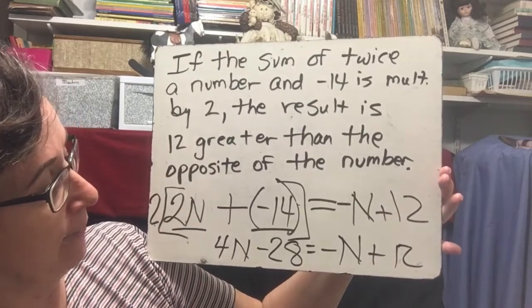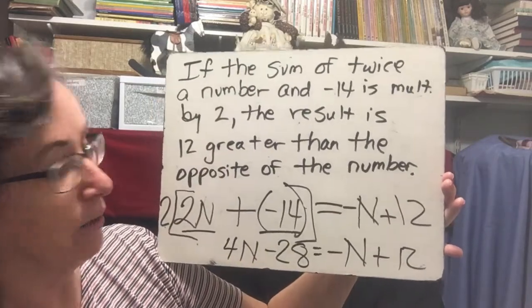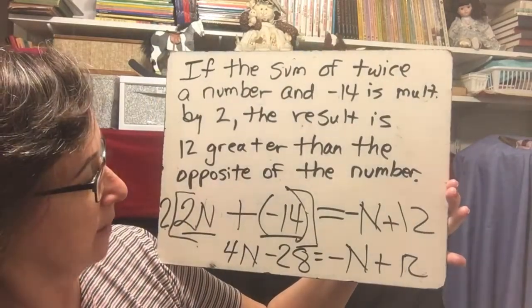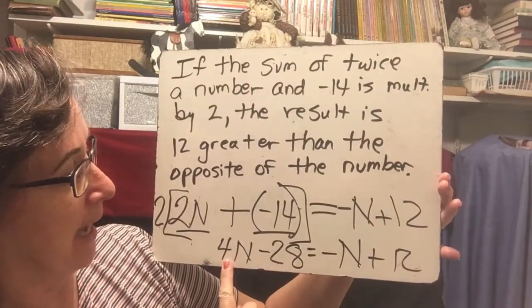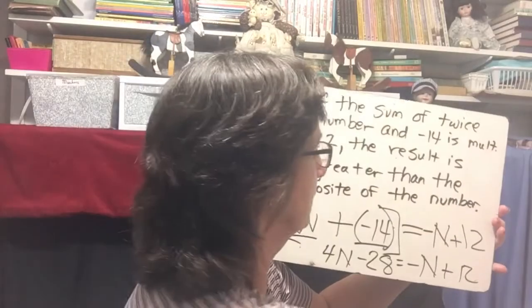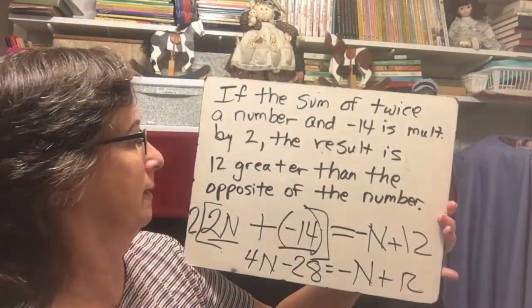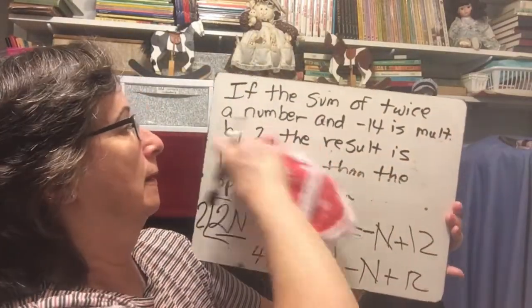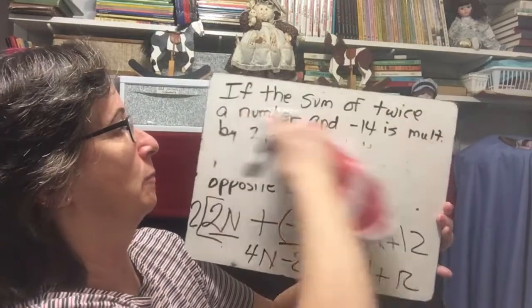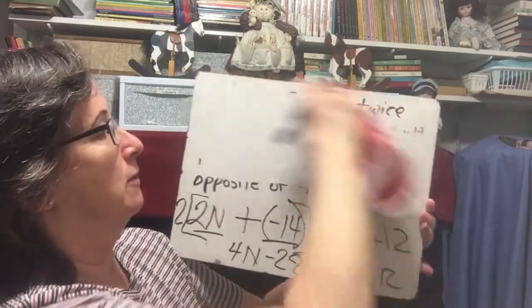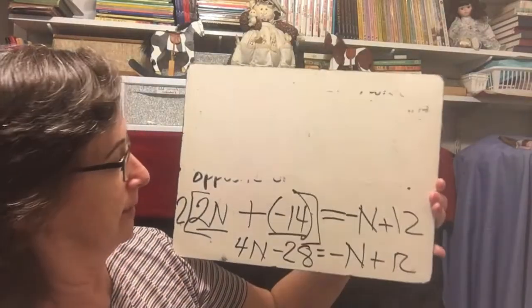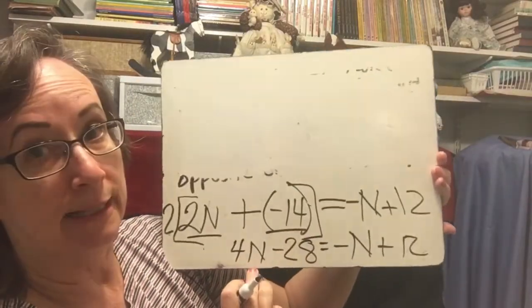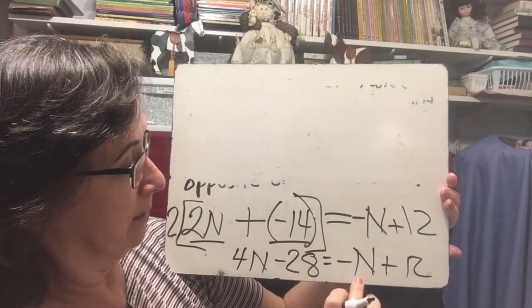Okay, so now I've got n here and n there. Don't I need all my n's in one place? So I'm going to add an n to each side. Now what I'm going to do is make a little bit of room up here so I have some room to answer the problem because I'm out of boards here. So let's add the n to both sides.